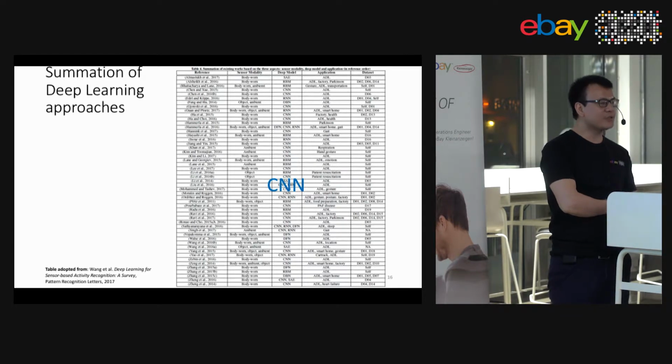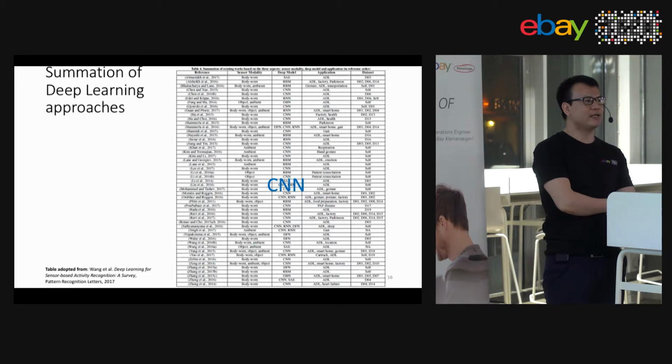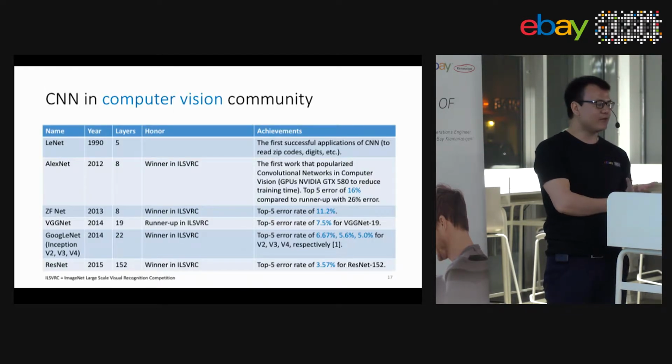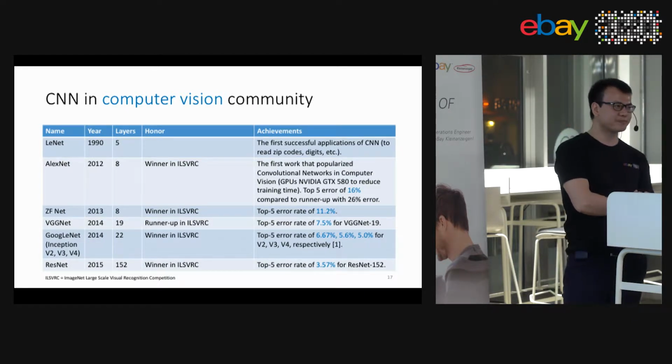After reading the literature, we figured that most of these CNNs used a very old version of CNN. The convolutional neural network itself has developed very fast in the computer vision community.